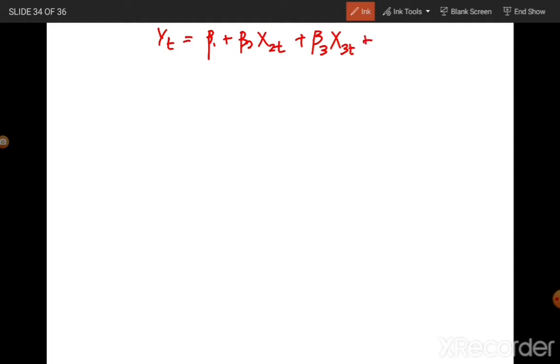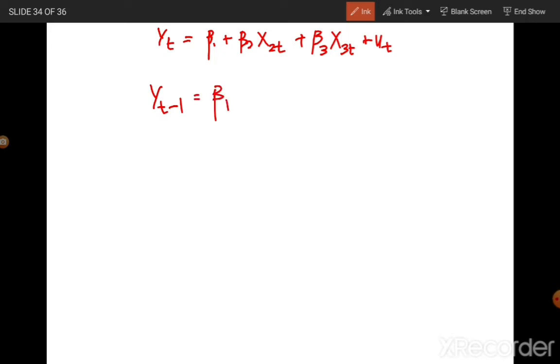Now we know that x2t and x3t for the same year are collinear, positively or negatively, I don't know. If collinearity holds in period t, it will also hold for the time period t minus 1, that is the prior period.